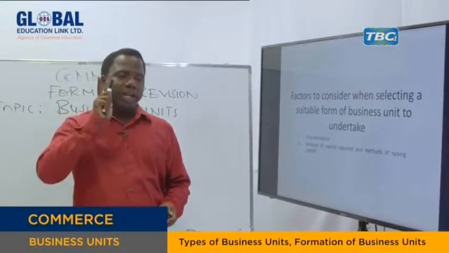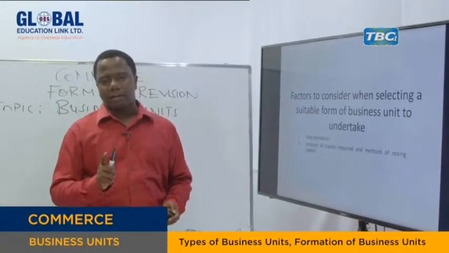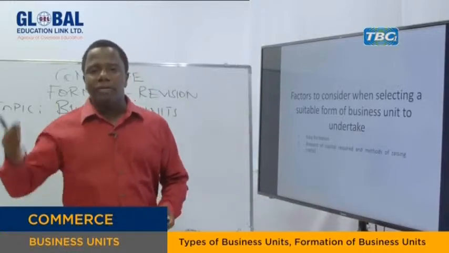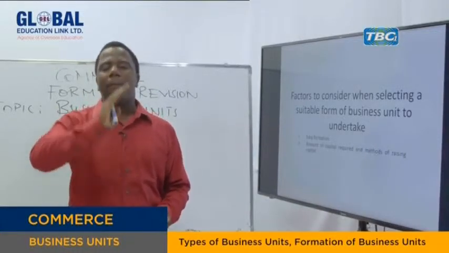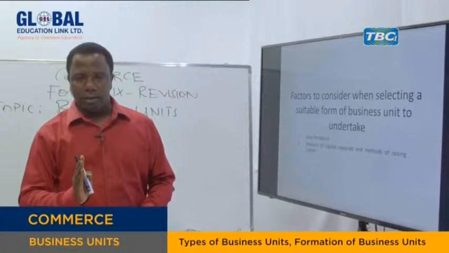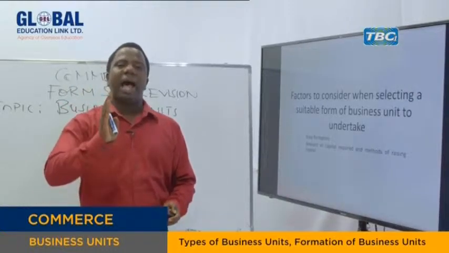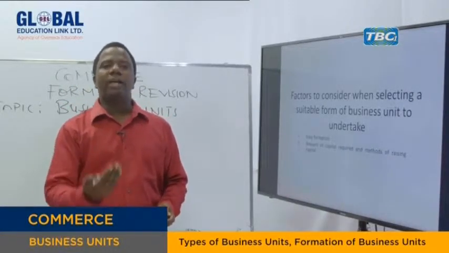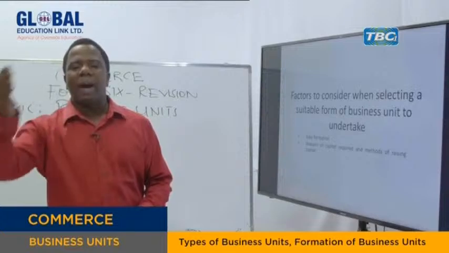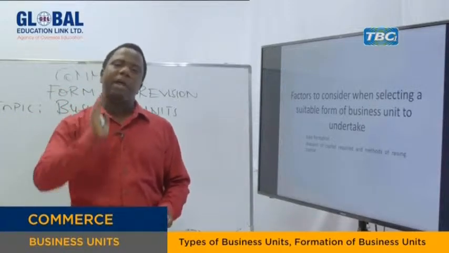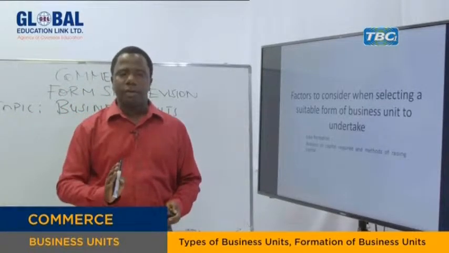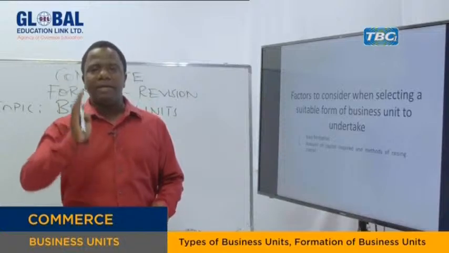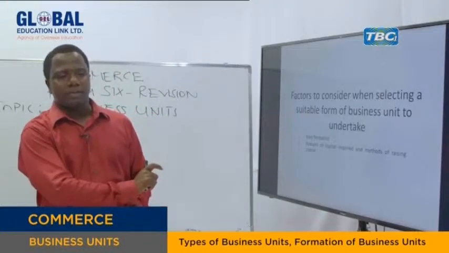But in the way of raising it, for example, a public company is allowed to raise capital from the public, but private companies are not allowed. So when you form a business unit, you should consider this.